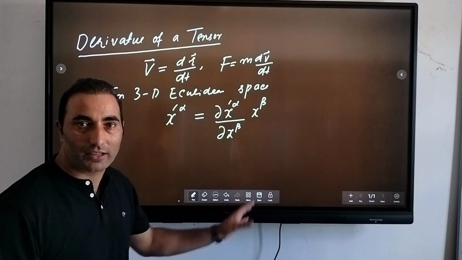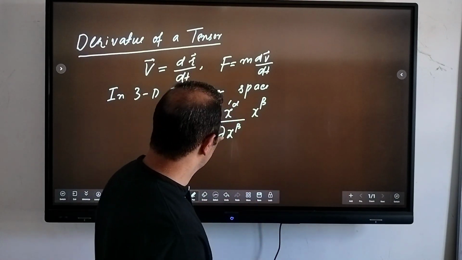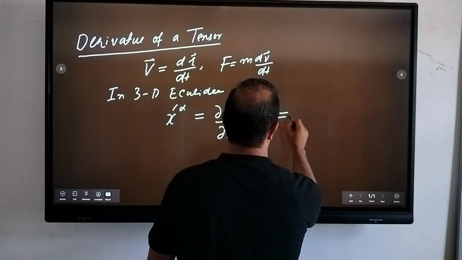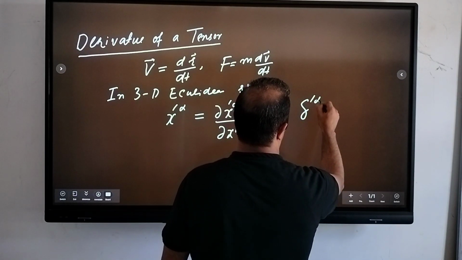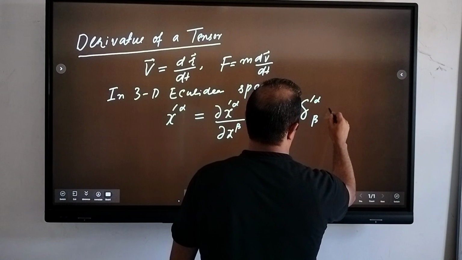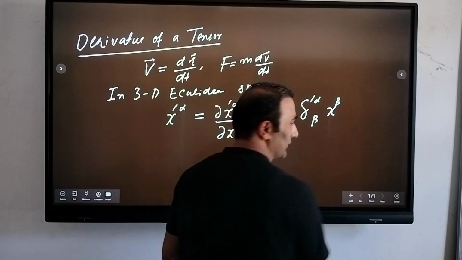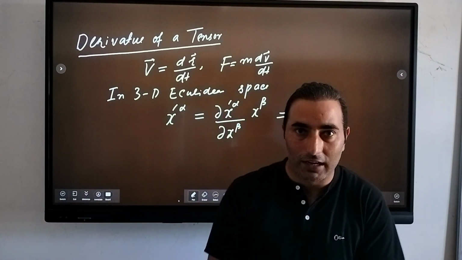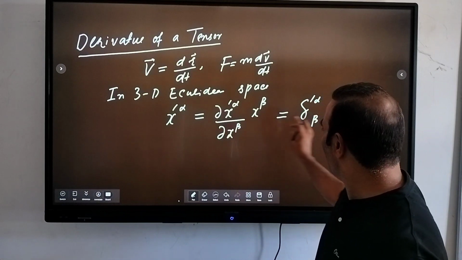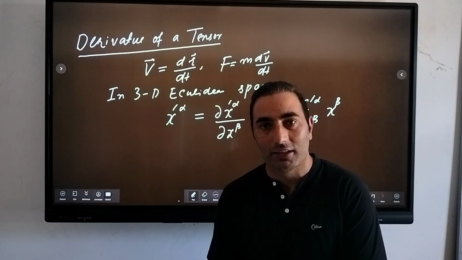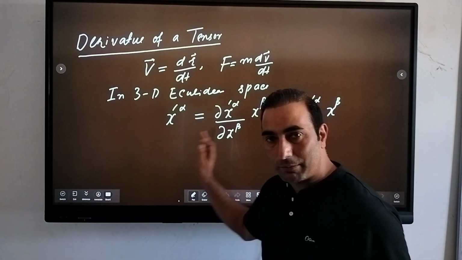Okay, so this is very clear. Again, you can rewrite this, and it is very clear if you look at this expression. Here alpha prime will be equal to beta, so this is the same, x prime alpha equal to beta.